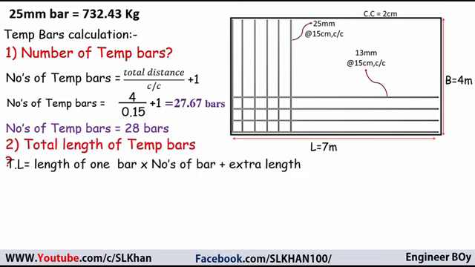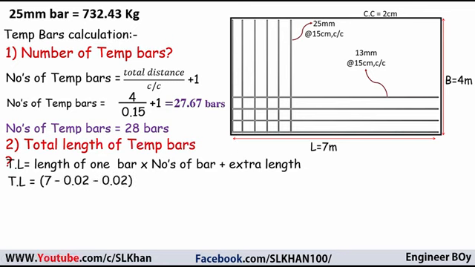And then we're going to calculate the total length of the temperature bars, and the same formula can be used as we did for the main bars. So TL equals the length of 1 bar. This can be 7 meter. If you look at this side, these are temperature bars, so these are 7 meters, but we're going to subtract 2 times the concrete cover, for one side and for the other side, and that is 2 centimeter.